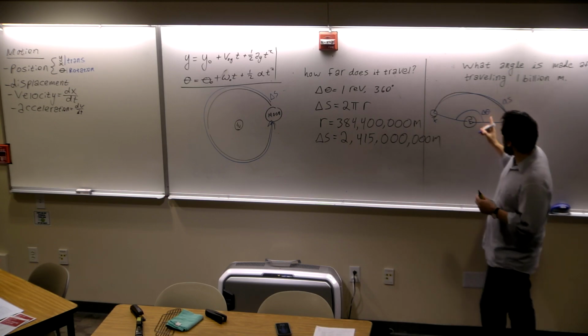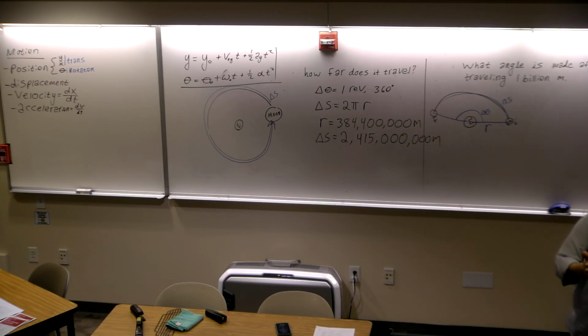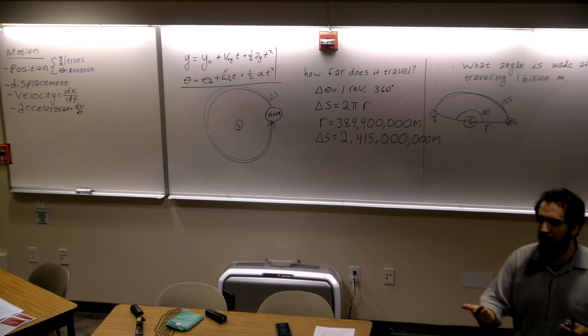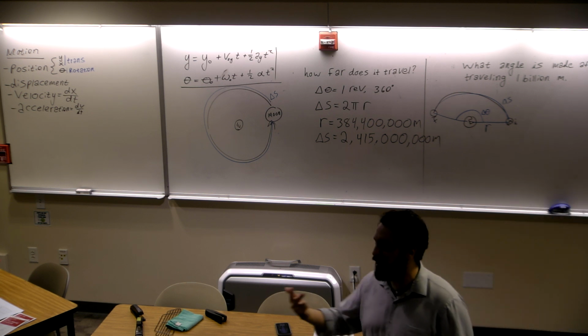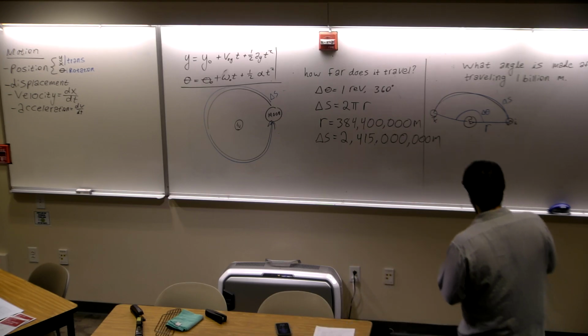It's also dependent on the radial distance r. The bigger the radius, the bigger delta s is going to be. And the bigger the angle, the bigger your arc length is going to be as well. So these things are related to each other.